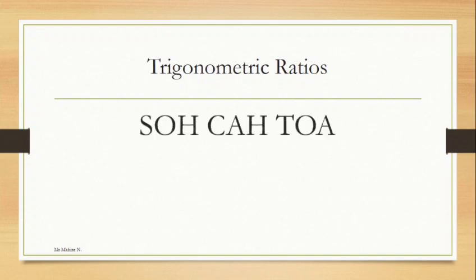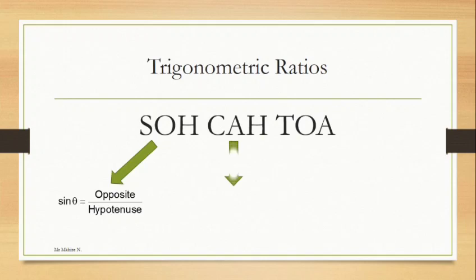So this is a neat way that you should learn, and that tells us about the relationship and the definition of trigonometric ratios. So the relationship between trig ratios and sides. We say that sine of an angle is equal to the opposite side over the hypotenuse side.